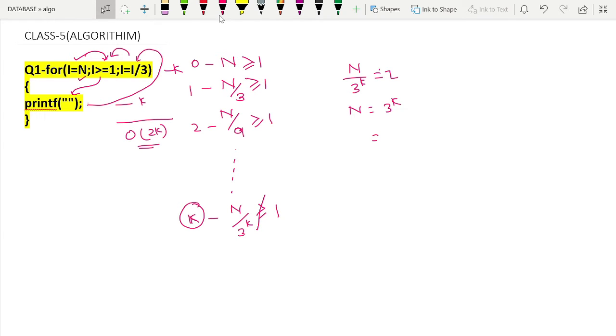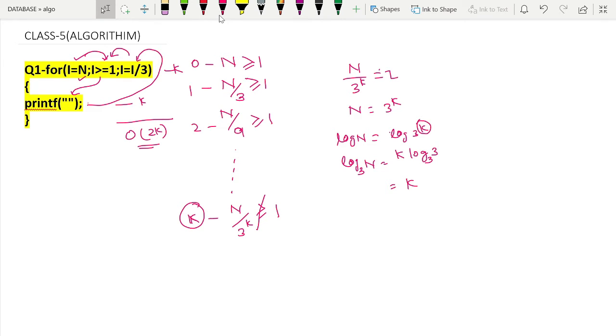Let's take the log, because we want the k value. So we are taking the log on both sides. Log n equals log 3 power k. We know that if it is in the exponent part, then it can come down here. Here we want 1, so I am taking the base as 3, so here I will also take base 3.